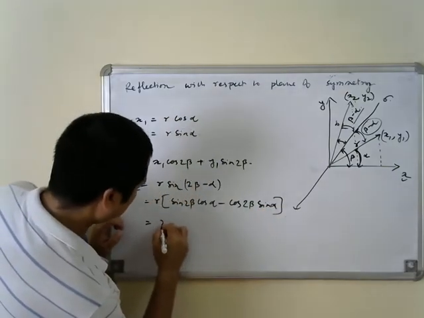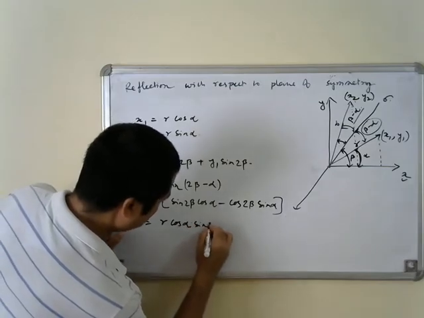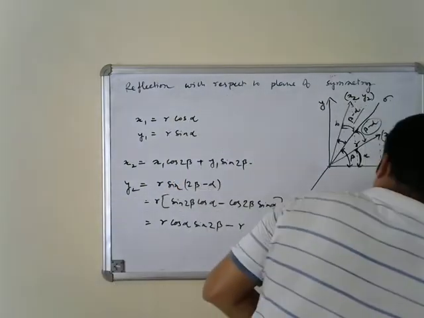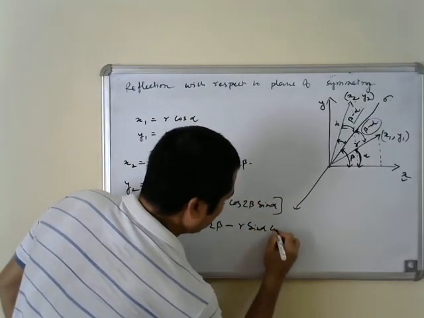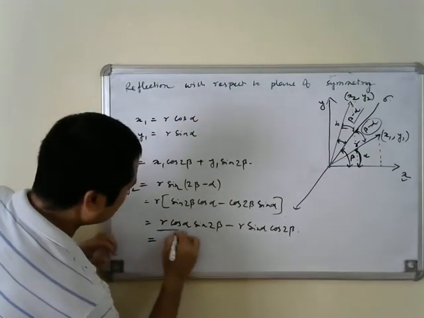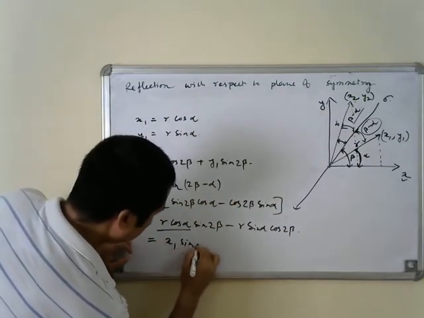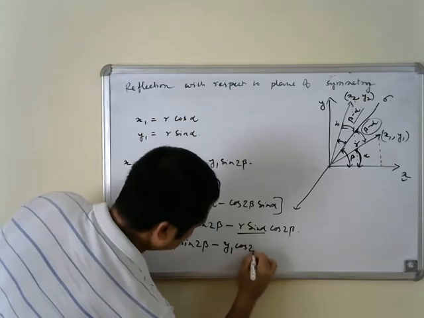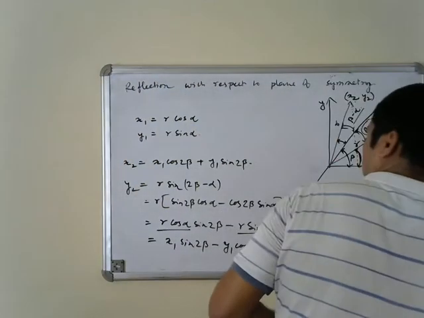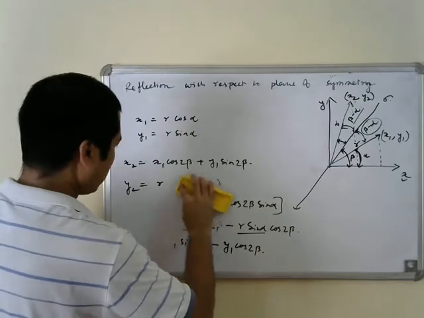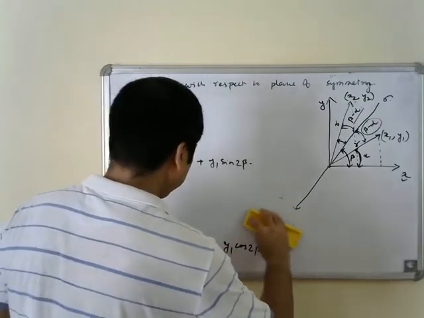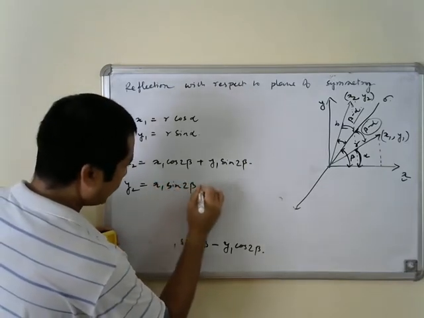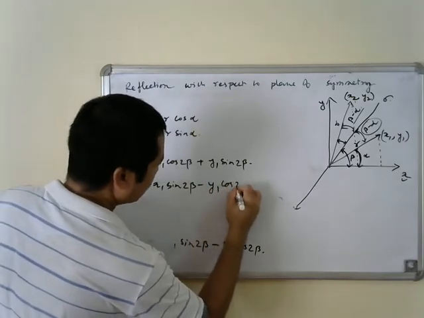That is r cos alpha sine 2 beta minus r sine alpha cos 2 beta, which is equal to x1 sine 2 beta minus y1 cos 2 beta. So we have found y2.